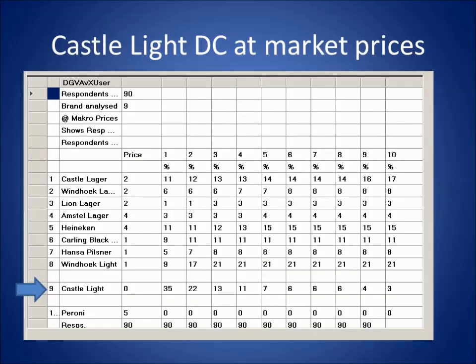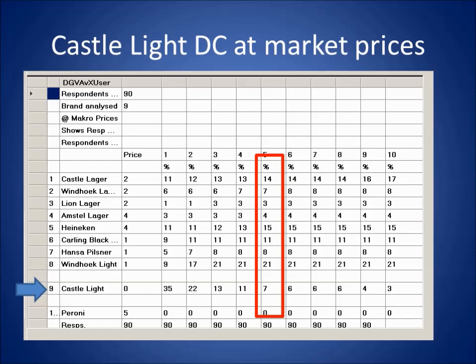Let's look at what happens to Castle Light at market prices. Well, this is really fascinating. Breweries have got Castle Light selling at price level 5, which is above that of Heineken. At price level 5, it should only have 7% of the respondents. You'll see that if it increases its price, it only loses 1 of those percentages.